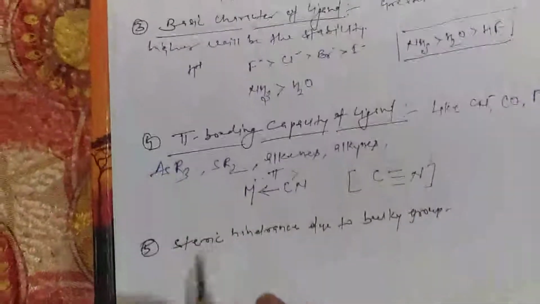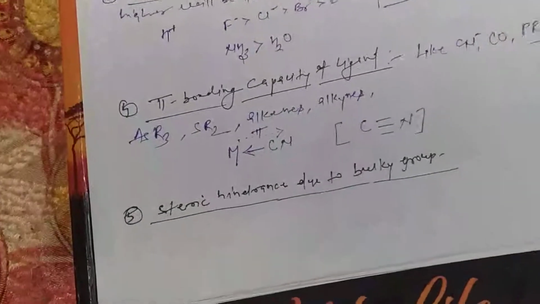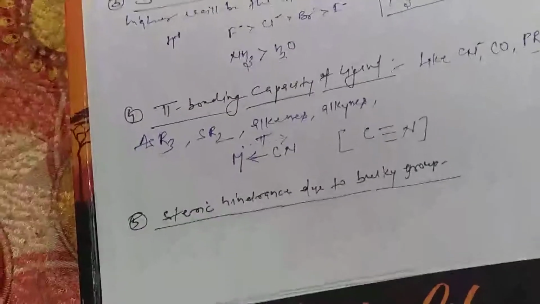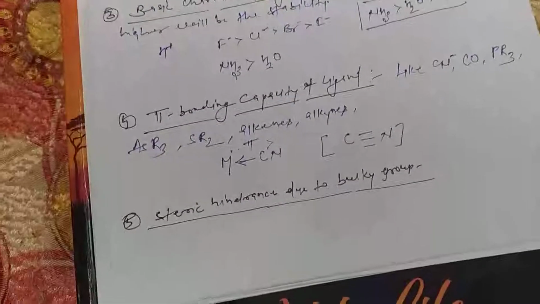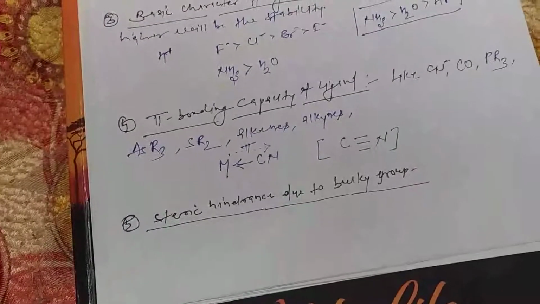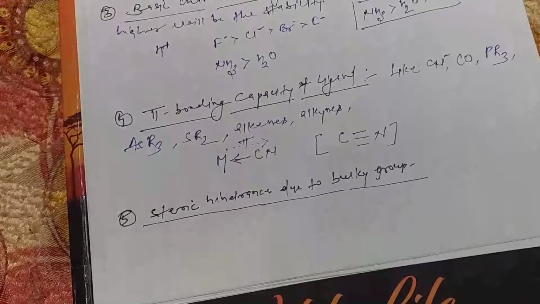Steric hindrance means crowding is generated when a bulky group is attached to or present near the donor side of the ligand.